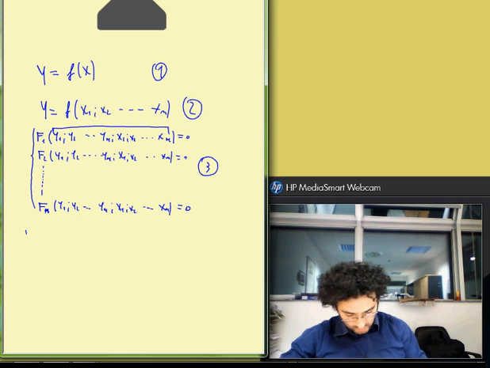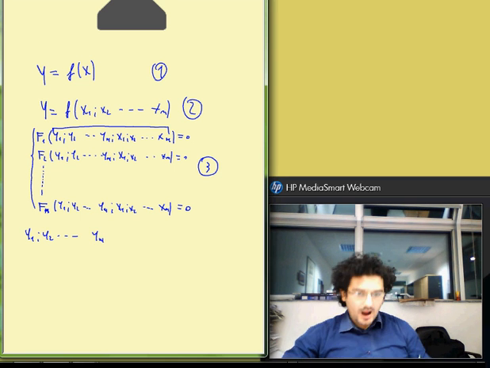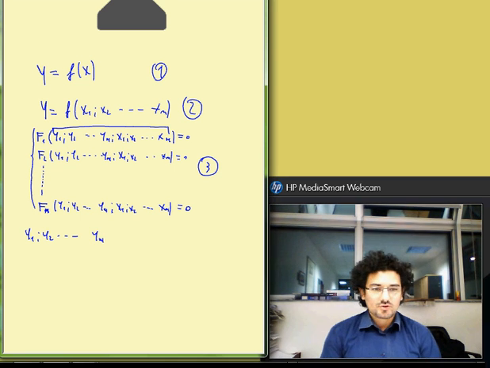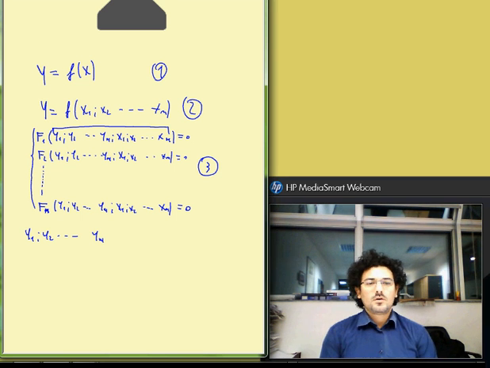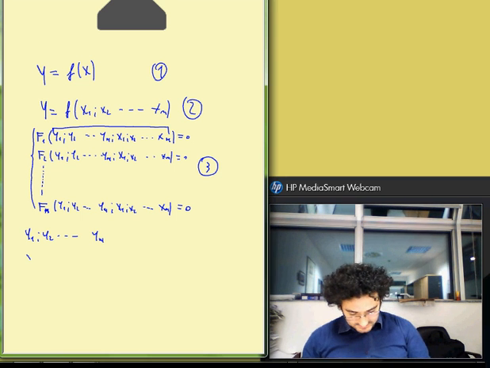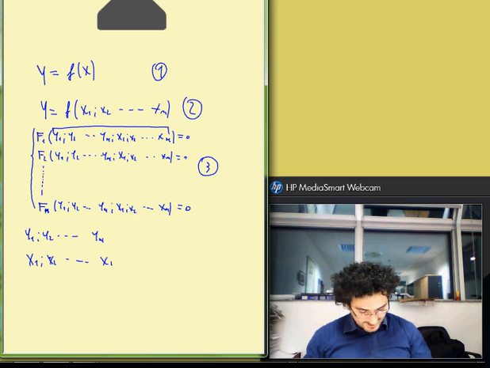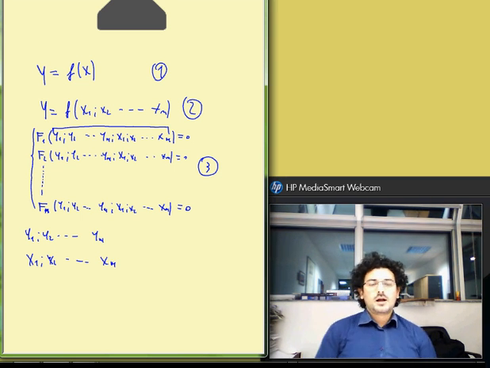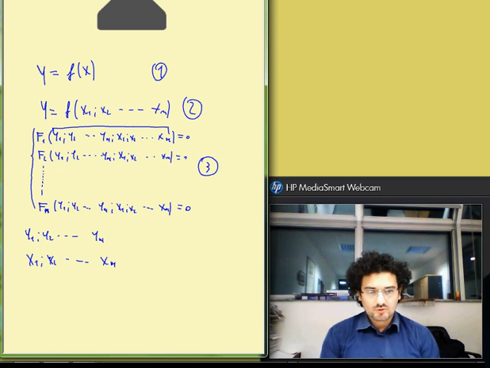Variables y1, y2 until yn are the so-called endogenous variables. So the endogenous variables are variables determined in the model, within the model. Variables x1, x2 until xm are the so-called exogenous variables.